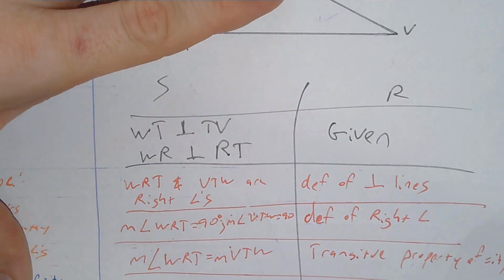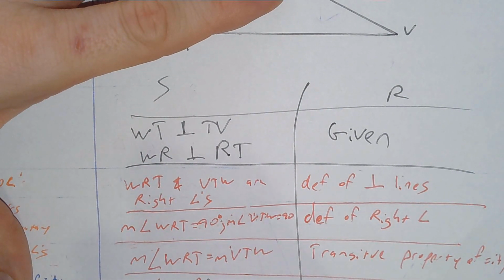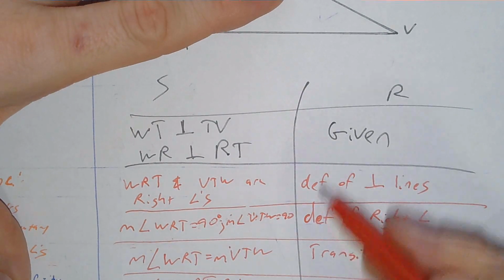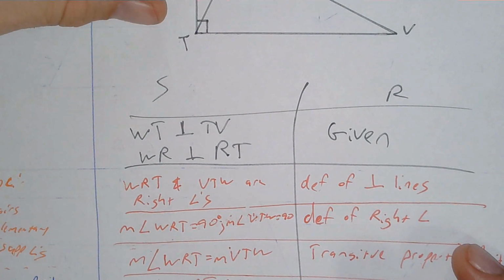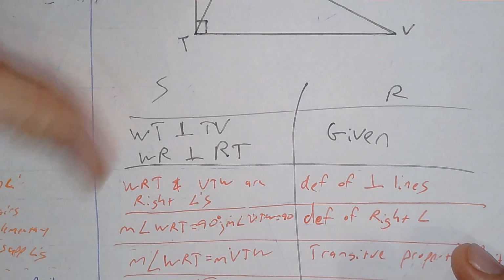Okay, and then therefore you could say that angle WRT is congruent to angle VTW. Congratulations, you just proved that two right angles were congruent.